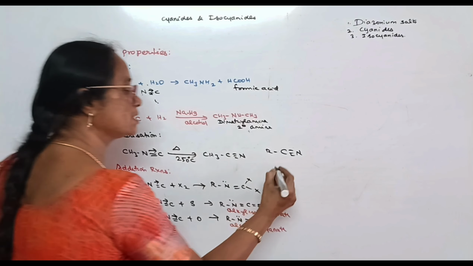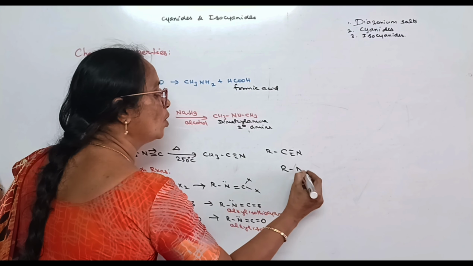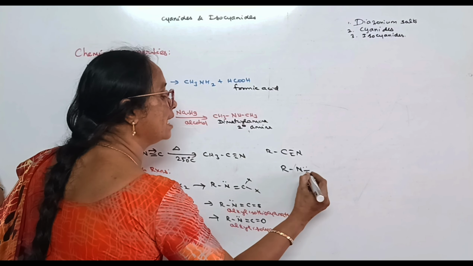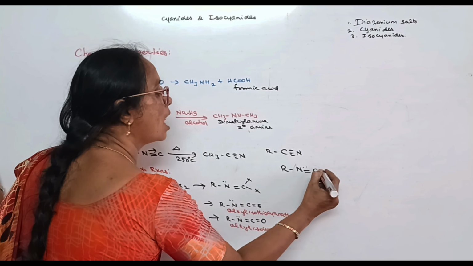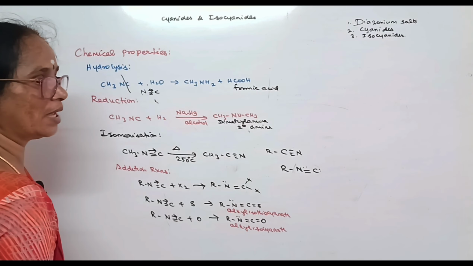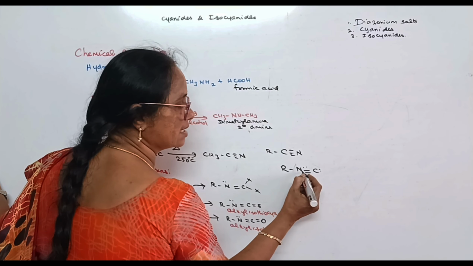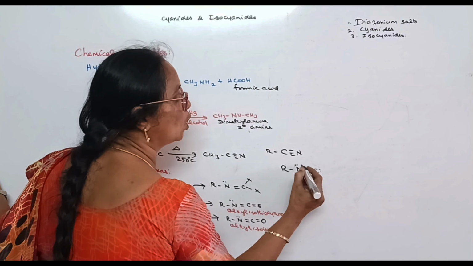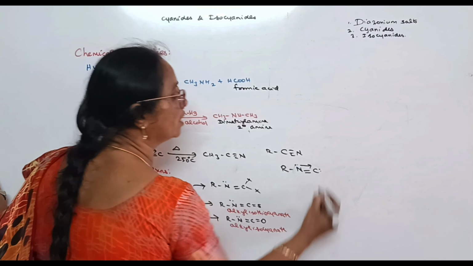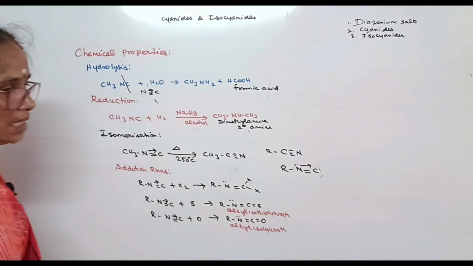But in isocyanide, the nitrogen donates one of its electron pairs towards the carbon atom. So carbon carries one pair of electrons, the other two electrons get shared with the nitrogen atom, and nitrogen has one more pair, a lone pair, that is given to carbon. So this is the structure of isocyanide.